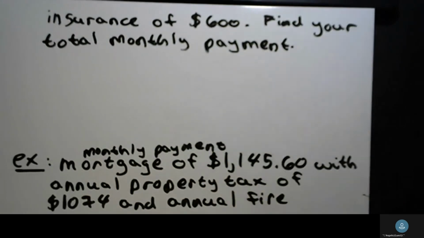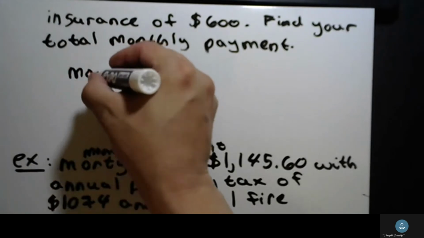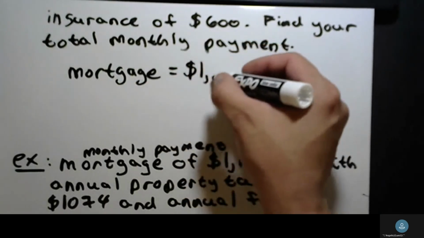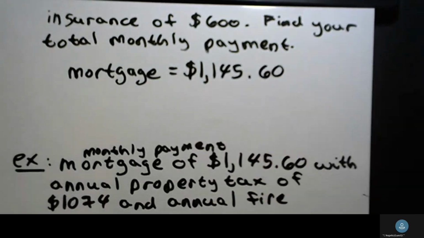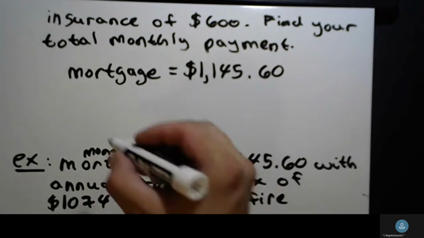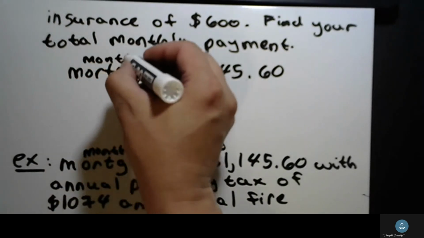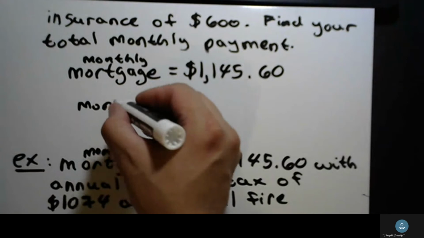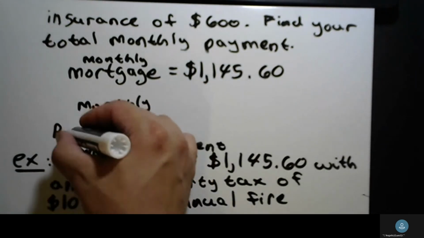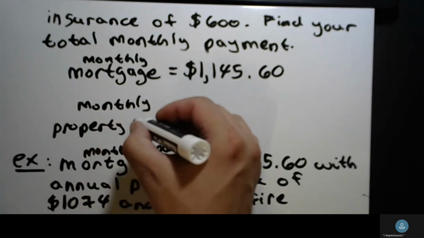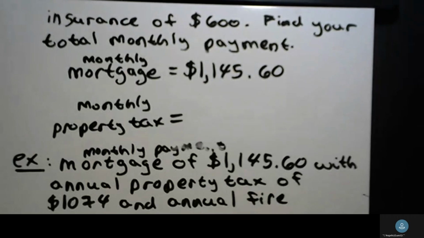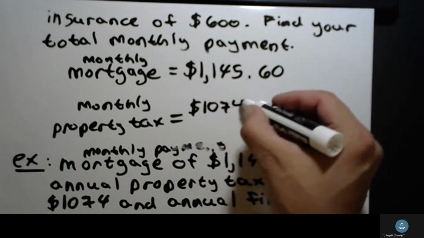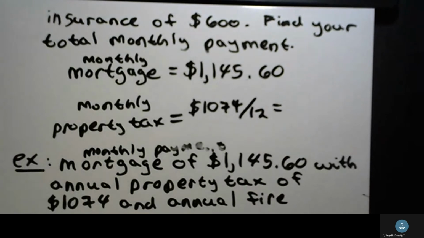So we know the monthly mortgage payment is $1,145.60. Now we need the monthly, just as a reminder, it's monthly. We're going to need the monthly property tax. And so that's going to be $1,074 divided by 12.